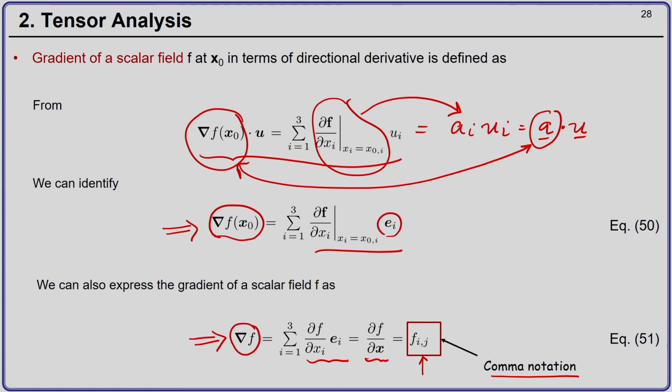In general, after the comma it is always the position x. So, whenever you see say A i comma j, it means del A i by del x j. So, rather than writing this big expression, we can use the comma notation to shorten our expression.